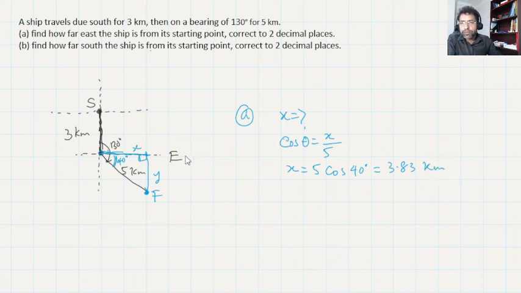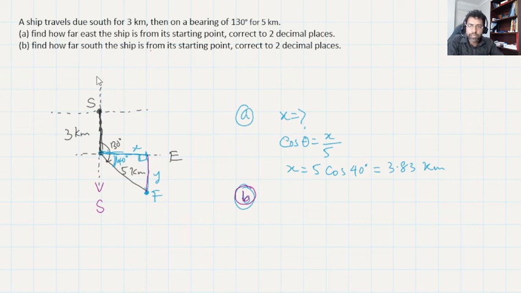So this is for our part A. Now part B, I'm using a different color to make sure it is part B. Part B asks how much is going in the south direction from the starting point.